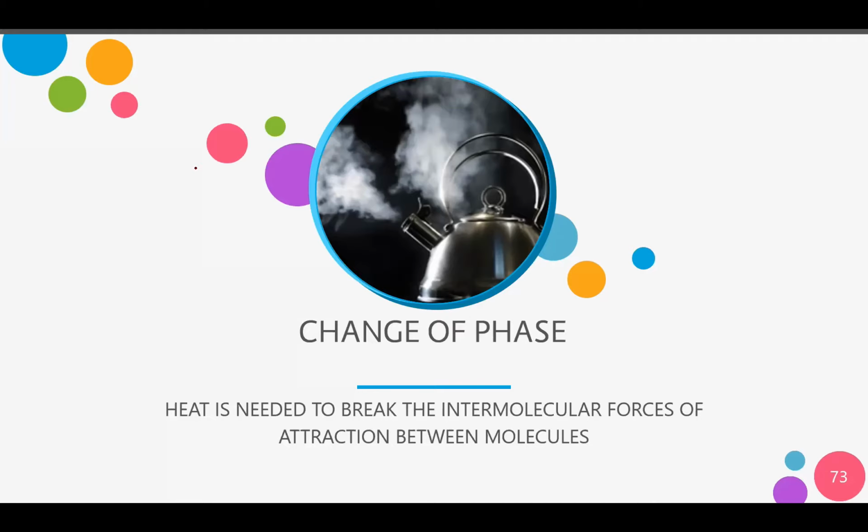So if an object reaches a certain temperature which absorbs heat or releases heat, then the intermolecular forces of attraction between molecules will be broken. So heat is needed to break the intermolecular forces of attraction between molecules.